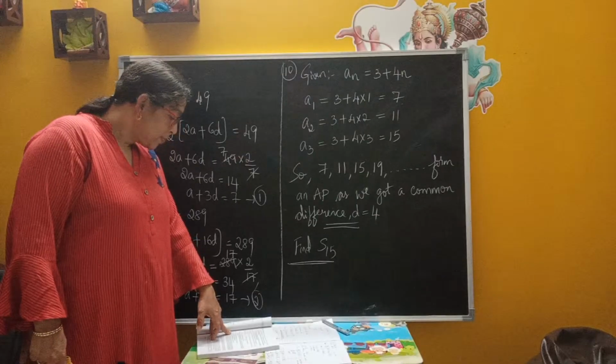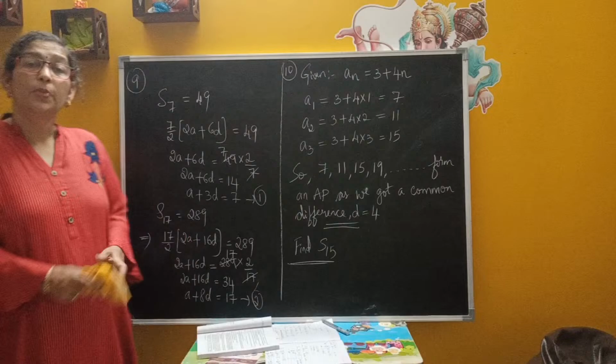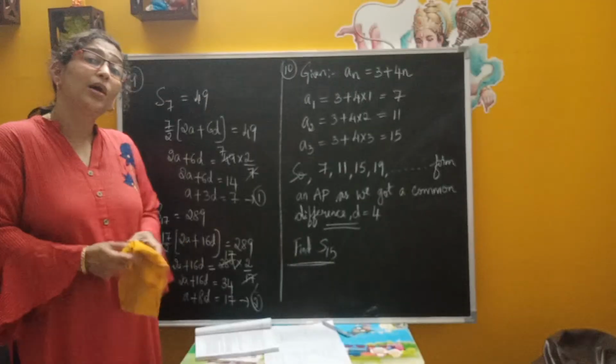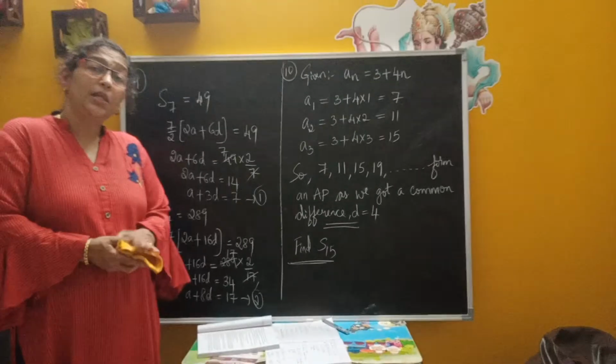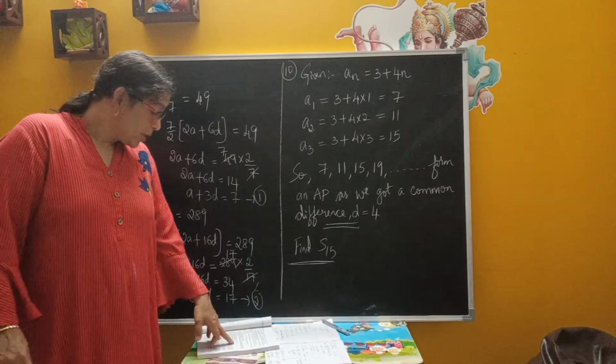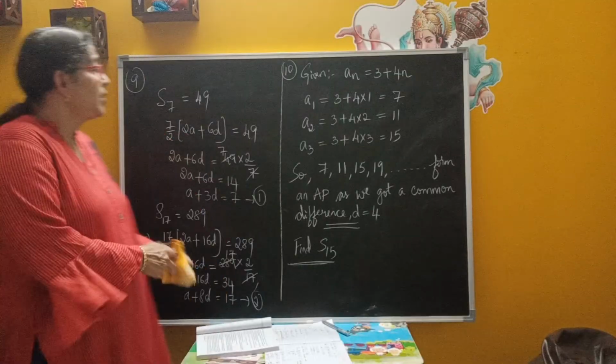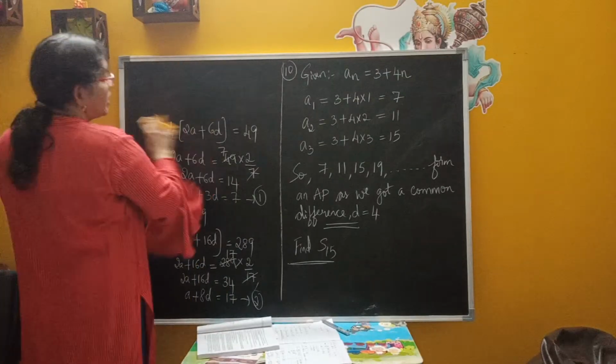Next, 12th problem. Find the sum of first 40 positive integers divisible by 6. Can we use the formula I gave, that is n into n plus 1 by 2? No, it is not possible because divisible by 6 is given. So the AP starts with which number? 6.